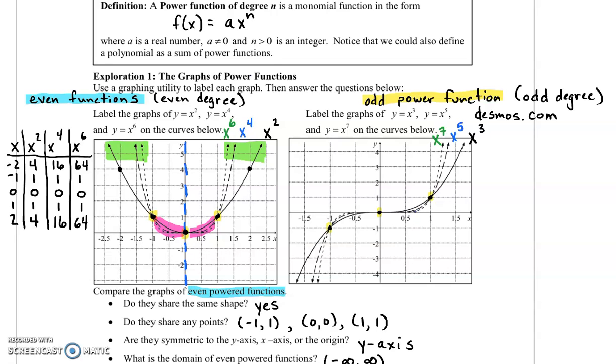So in this case, if we fold along the x-axis first, this right-hand part that's in quadrant 1 folds over the x-axis and is then in quadrant 4. And then if we fold over the y-axis, it folds over this way and lines up perfectly. So the odd functions have origin symmetry.